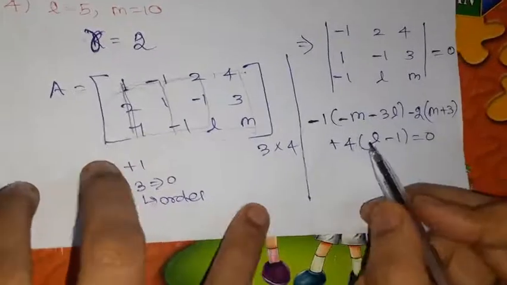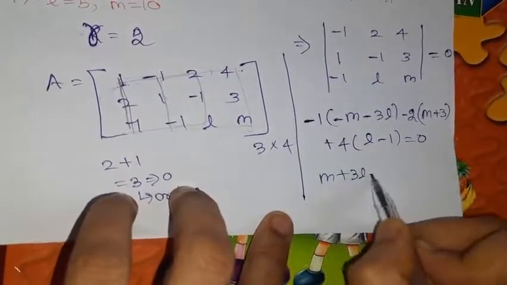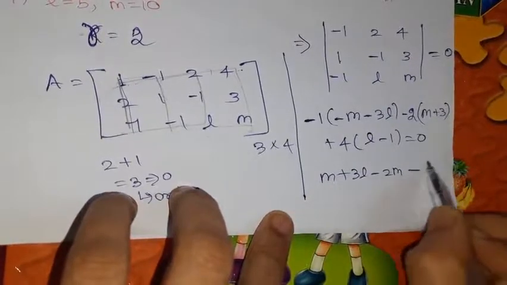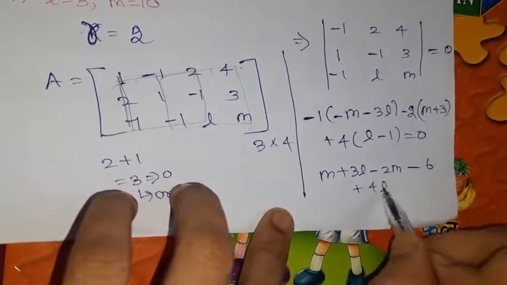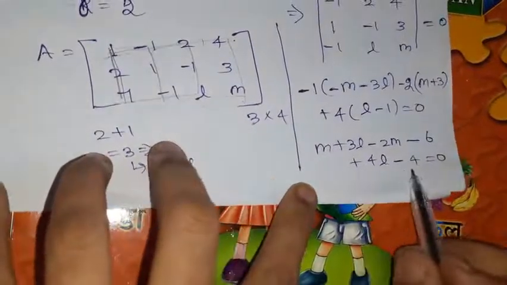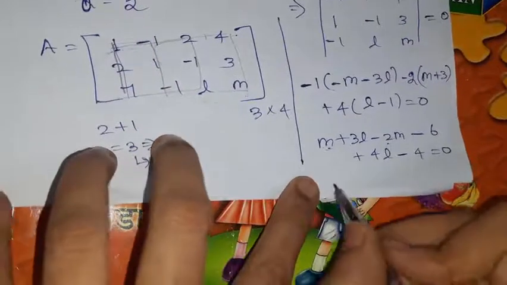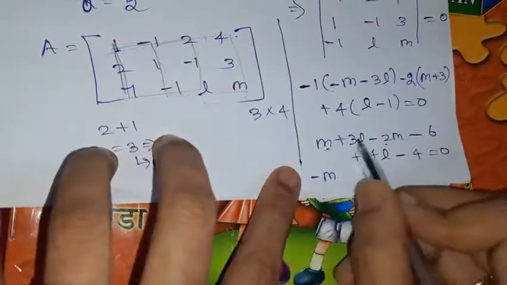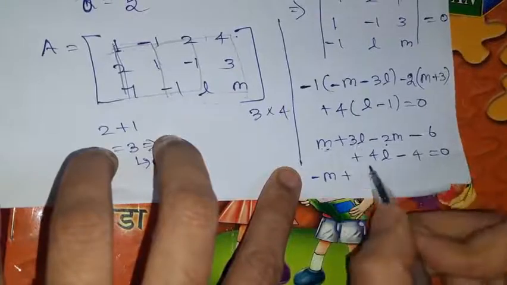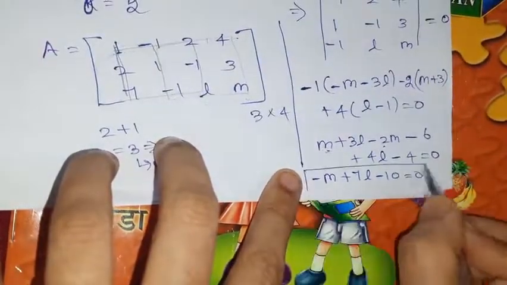Then multiply: minus M minus 3L minus 2M minus 6 plus 4L minus 4 equal to 0. Then what can we find? Minus M minus 2M is minus 3M, and 3L plus 4L is 7L, so 7L minus 3M minus 10. This is the equation we get.